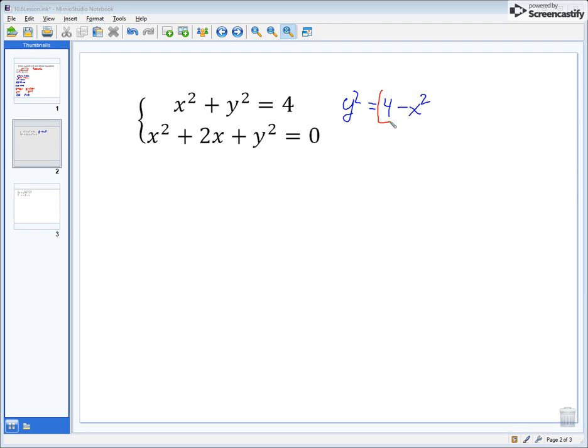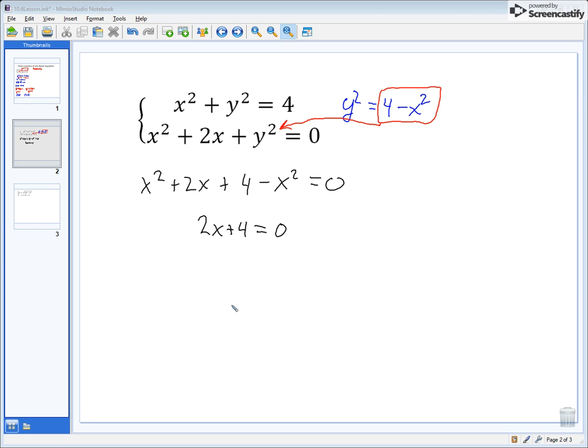Now that is what I'm going to plug in to the y squared of the second equation, which means now I have x squared plus 2x plus 4 minus x squared equals 0. Now simplifying, I have 2x plus 4 equals 0. I have 2x equals negative 4, which means x is negative 2.